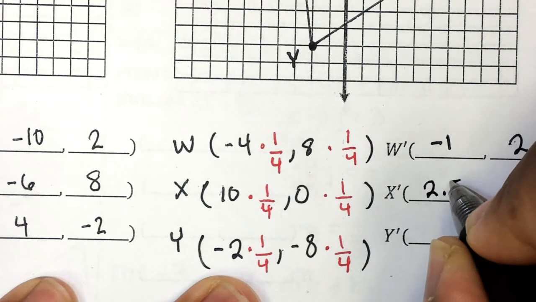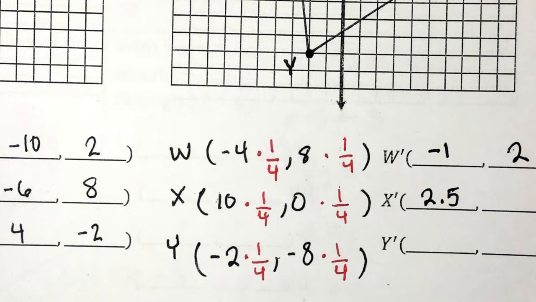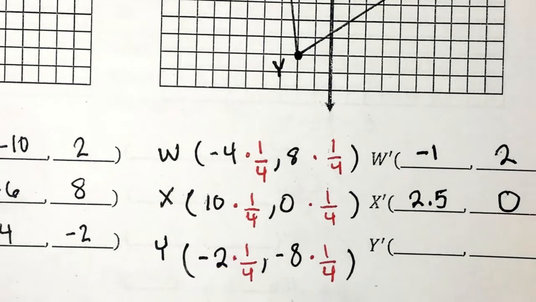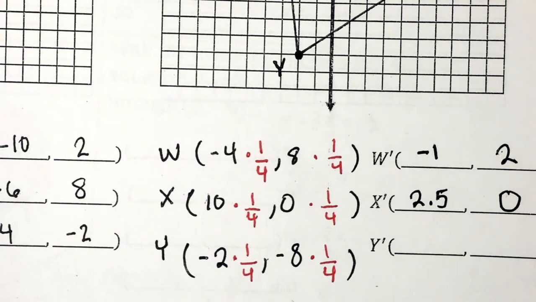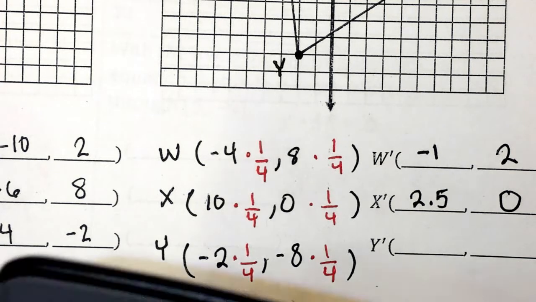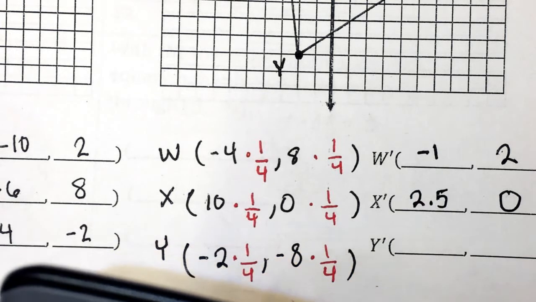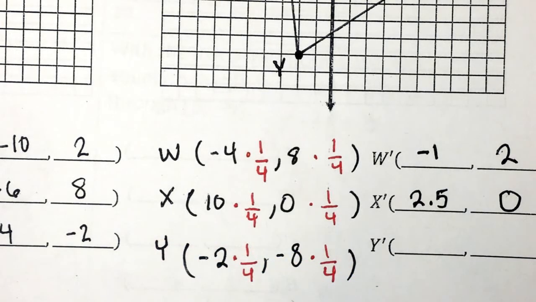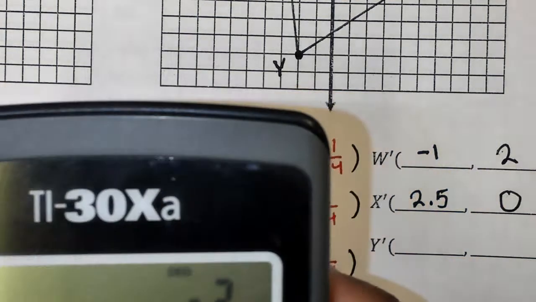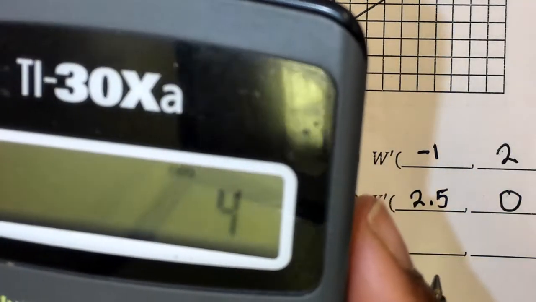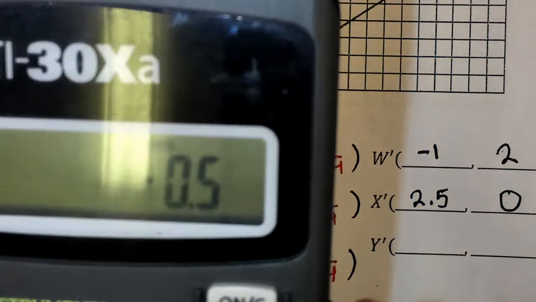You can graph half a point. Y'all should know how to do that. 0 times 1 divided by 4, obviously 0. And then the next one is negative 2 times 1 divided by 4. I don't know how to turn numbers negative on this calculator. Oh well. Negative 2 divided by 4. Yeah. Negative 0.5.